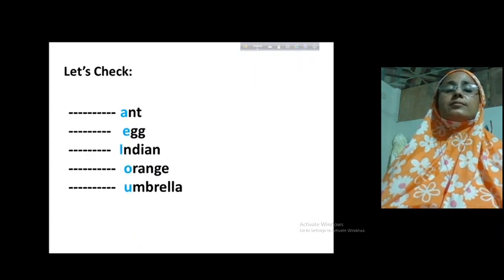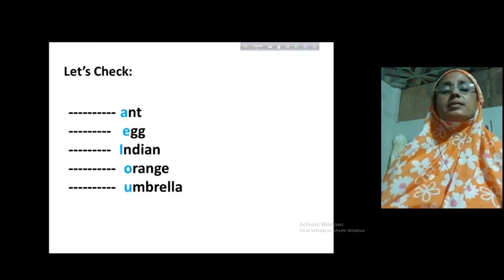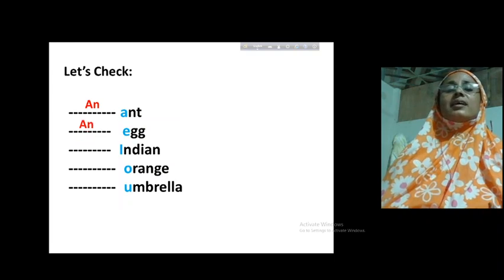Let's check. Here is an example, so put what you will use. A sound or an? Great. An ant, an egg, an Indian, an orange, an umbrella.